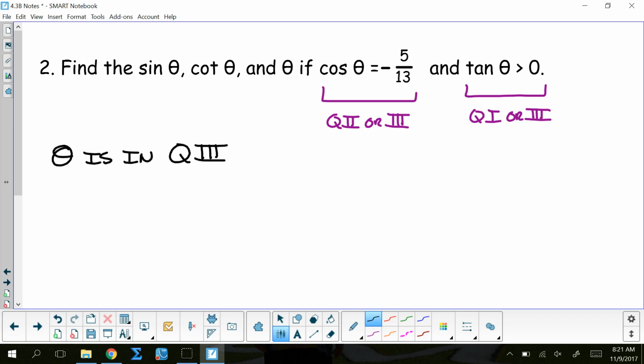Okay. So my triangle is going to look like this, and I like to draw my triangle in that orientation. So this is my theta prime. Cosine is adjacent over hypotenuse.